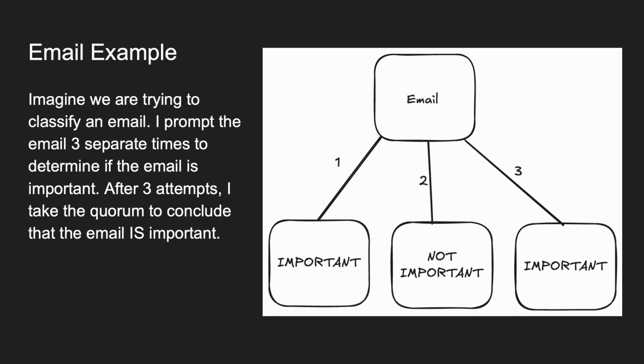Each of these branches were different approaches it was thinking, and came up with to come to the conclusion that it was or wasn't important. After 3 attempts, we take the quorum of the most consistent answer, and we've got two important and one not important, so we would conclude using this technique that the email is important, right? Because 2 to 1.